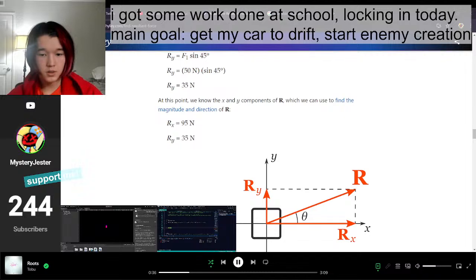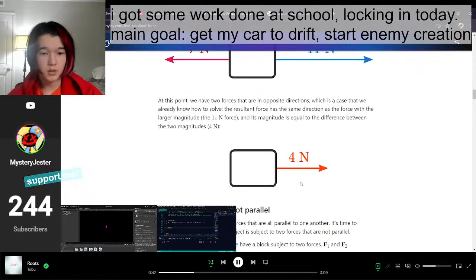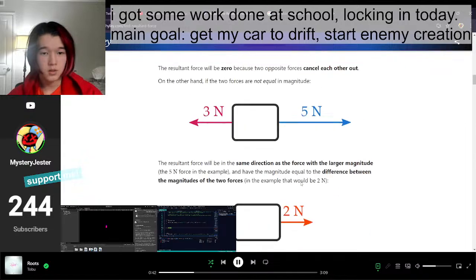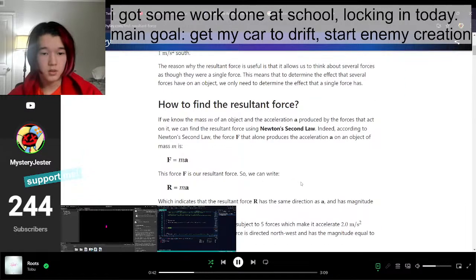Or, wait, what is it called? It's like resultant. Just gotta make sure I'm right about this. R is a resultant force. Calculate resultant force.